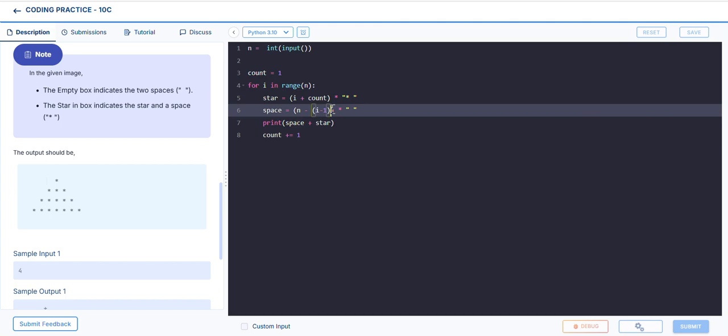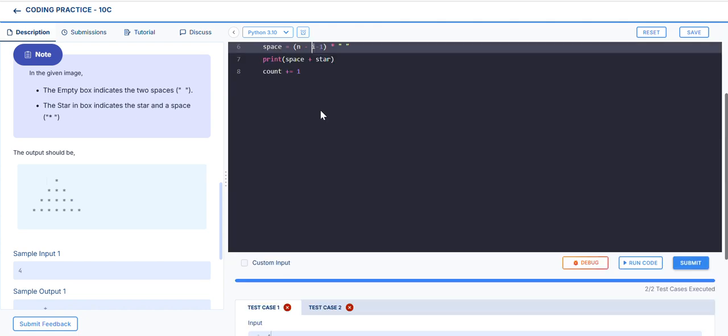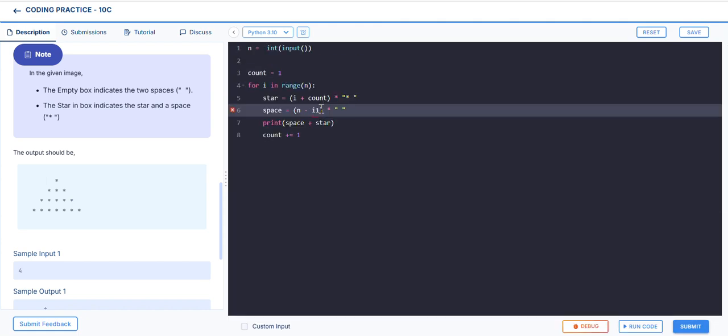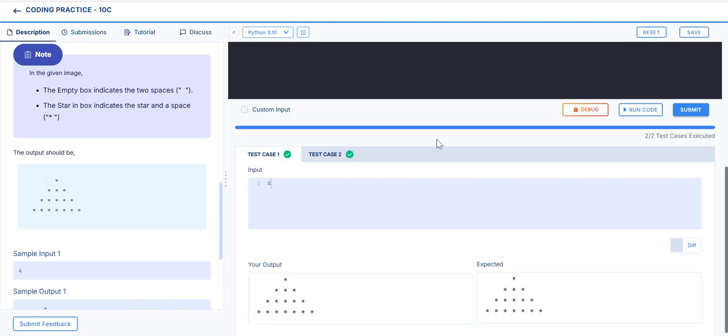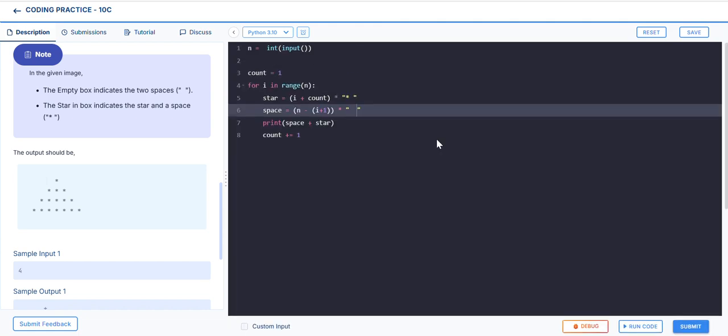Here we made a mistake because it was n minus I plus 1. Why? Because I told you it was double spaces. Yes, we got the right answer. Why we are taking n minus I plus 1 is, let's look into this.